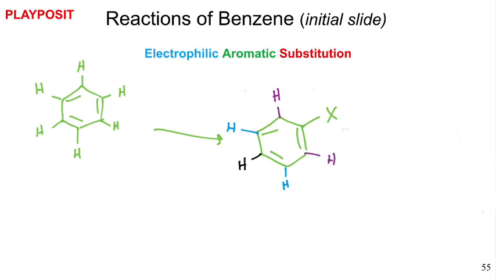We could then go through and reference those based off of a nomenclature system, counting them out, 1, 2, and all of that. Our 1 would be where our atom X is. 2, 3, 4, 5, and 6. So we could reference the purple ones being at 2 and 6, the blue ones at 3 and 5, and the black one at 4.